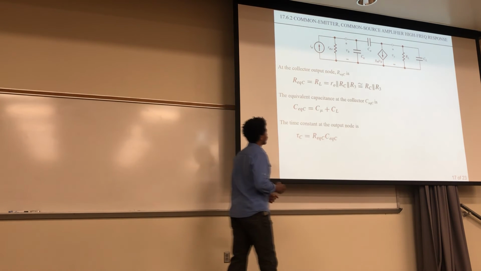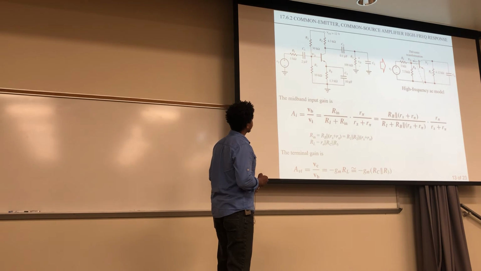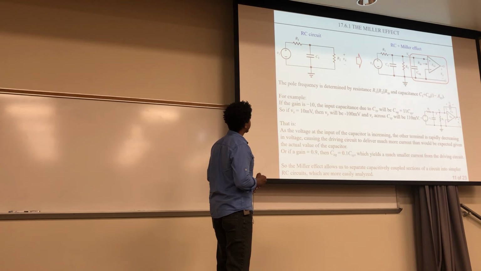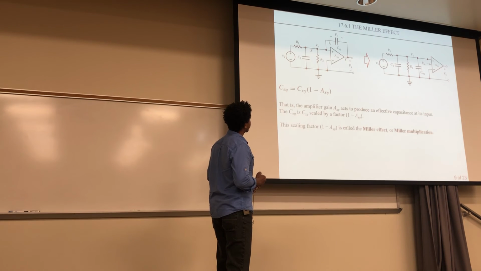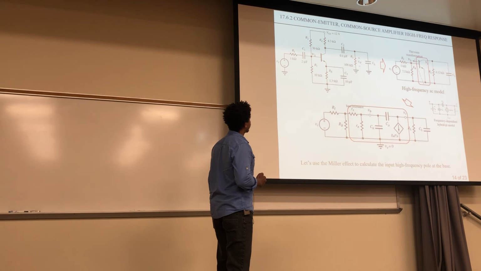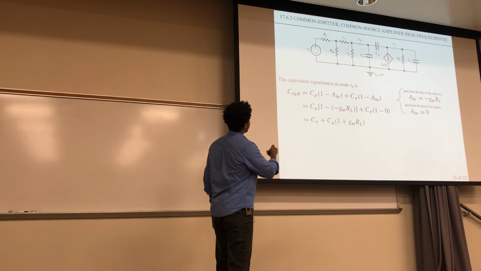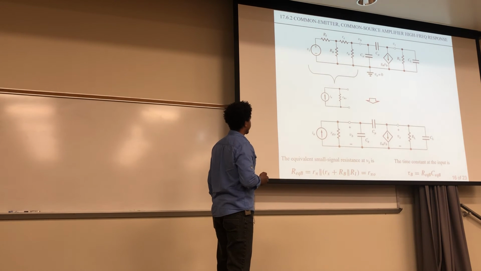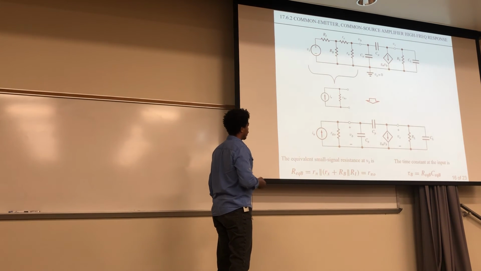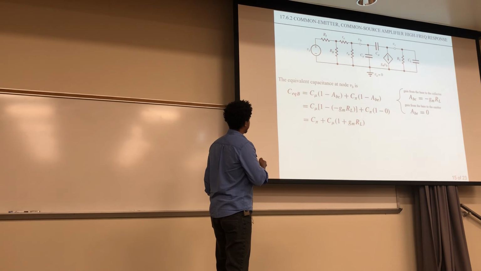Remember that R pi 0 was... where was that? I think I passed it up. Okay, well this is R pi 0, all this right here, okay? Yeah, there it goes. And also this right here.